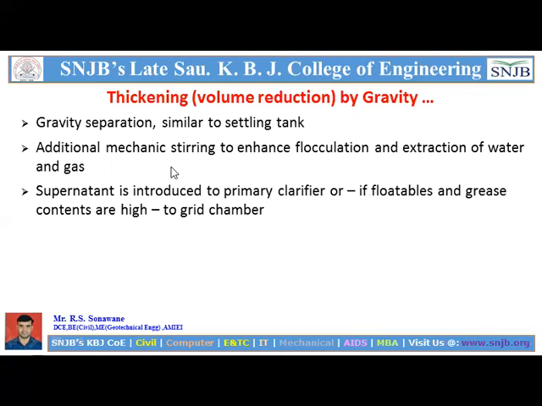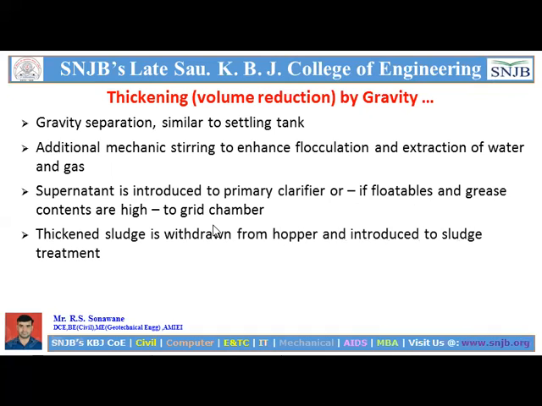Supernatant is introduced to the primary clarifier, or, if floatables and grease content are high, to the grit chamber. It is introduced to the primary clarifier to achieve thickening, that means volume reduction by gravity. Then the thickened sludge is withdrawn from the hopper and introduced to sludge treatment.